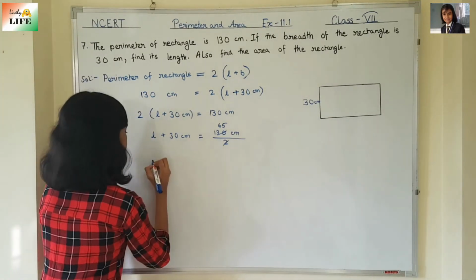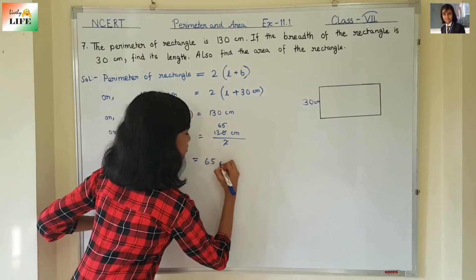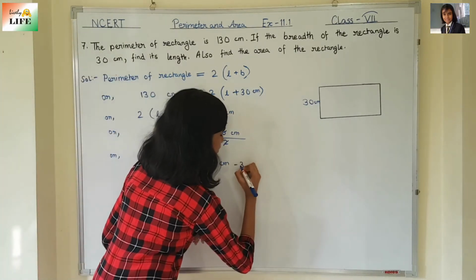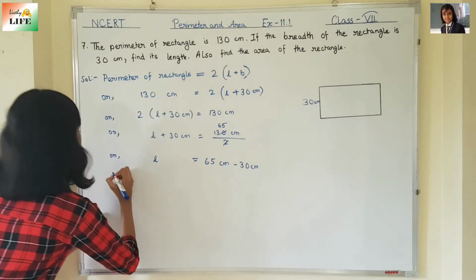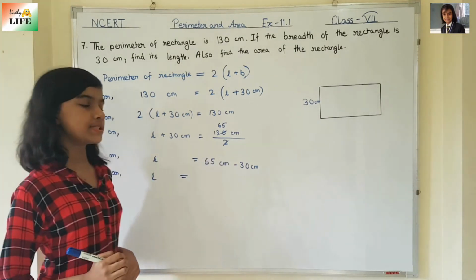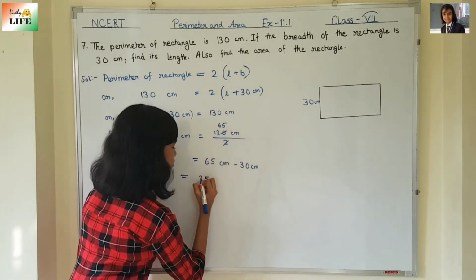Okay, so L is equal to 65 centimeter and here was plus 30 centimeter. If it goes over here, minus 30 centimeter. So L is equal to, what is 65 minus 30 centimeter? 5, and 6 minus 3 is 3.